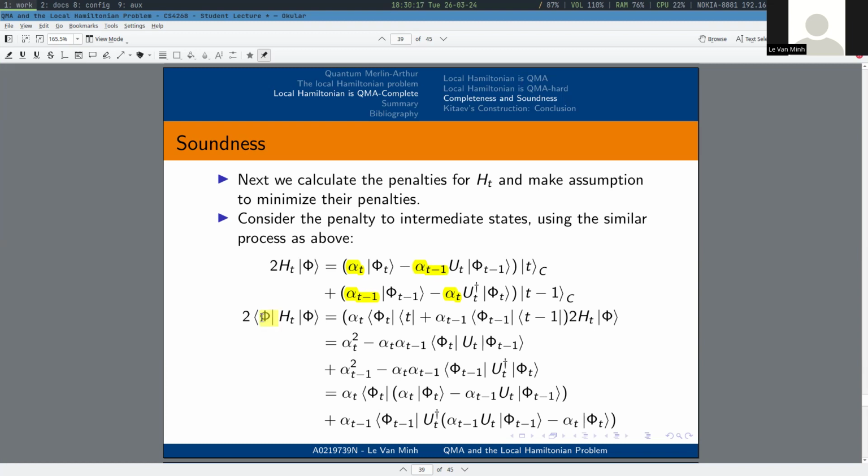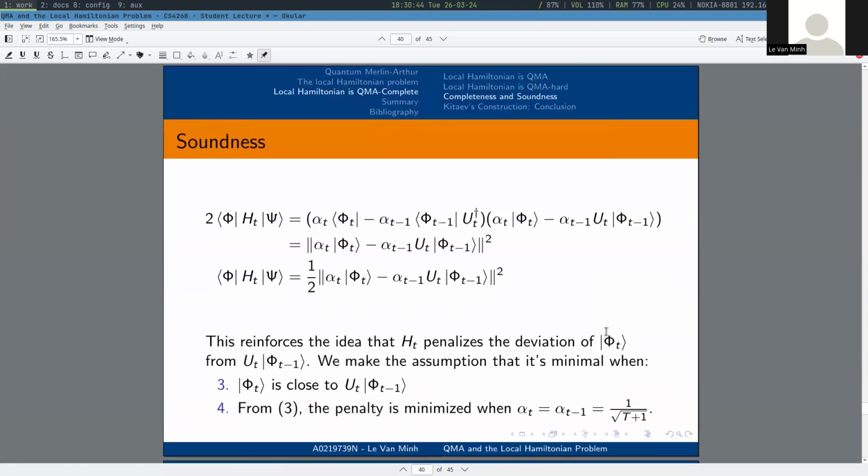Now we take the dot product with phi, and then very trivially, we can get the result as below. And now we can group the left-hand side so that they look the same. They look very similar, and we can factor this into two terms, as you can see.